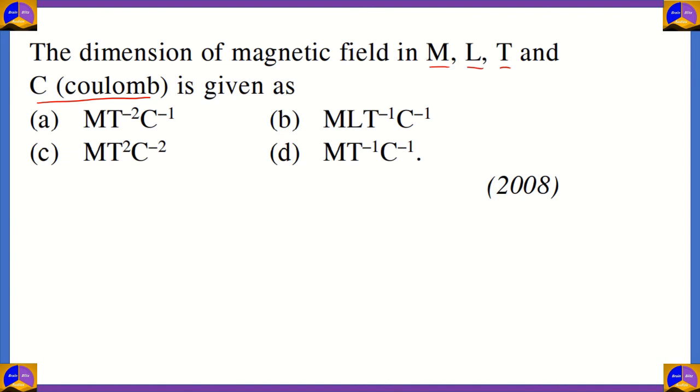So you don't have to change coulomb into AT, that is ampere into time, because we have to find it using coulombs. So therefore this may not be standard, but we have to use the given units and then find out the dimension.